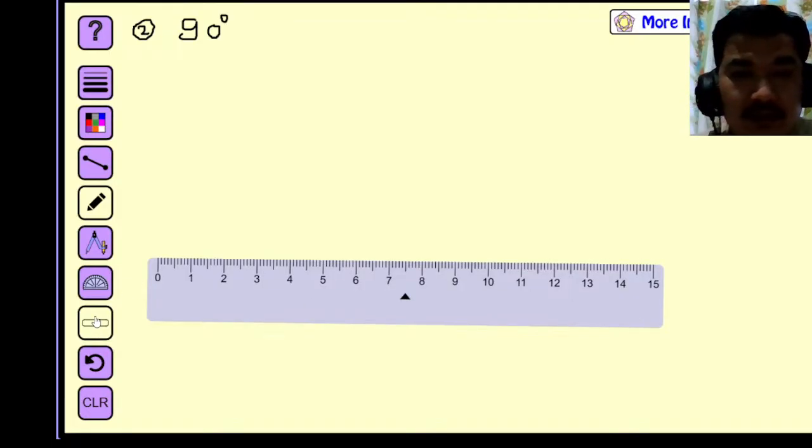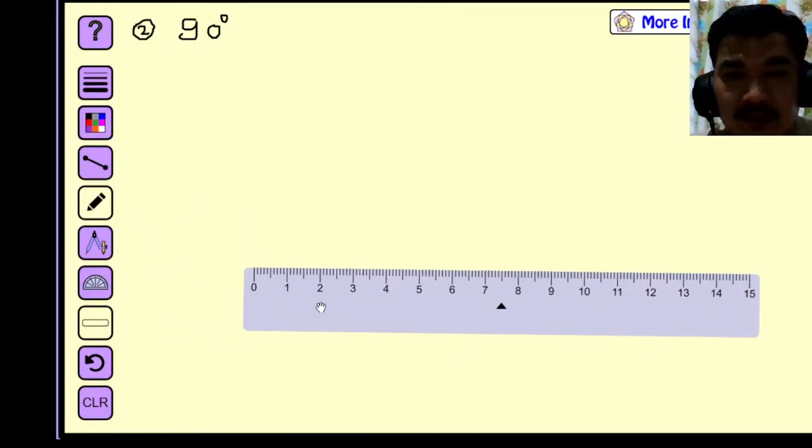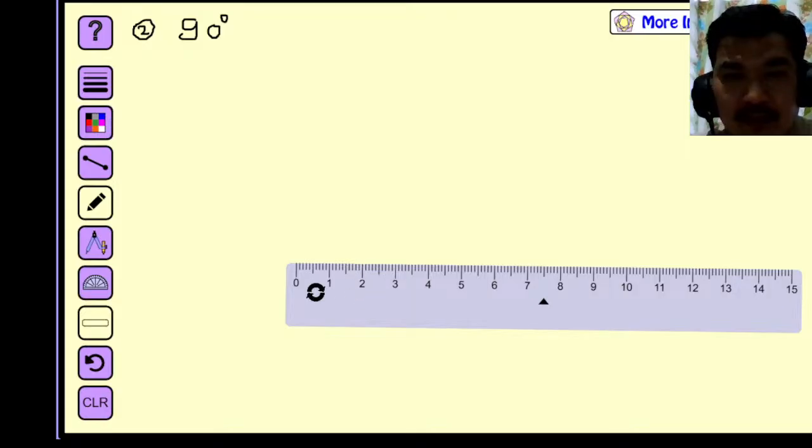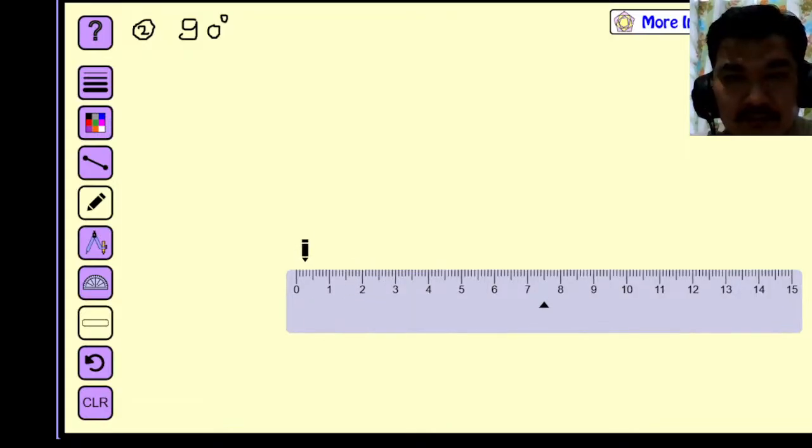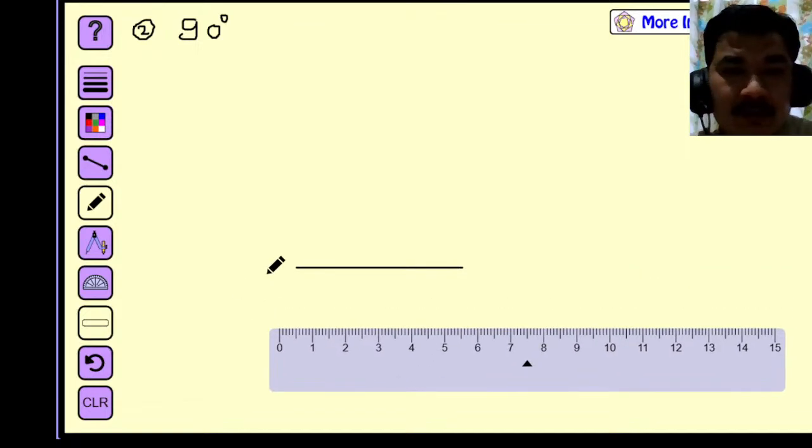Method here: first of all, draw one line segment. I'm doing it here. Its length is 5 centimeters, I'm taking, and I'm naming it A, B.